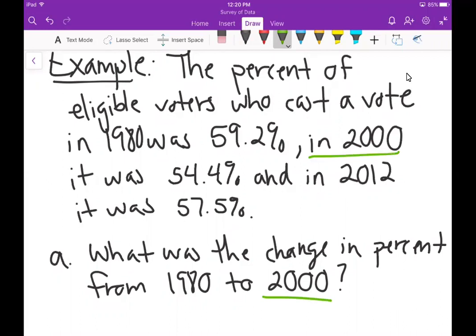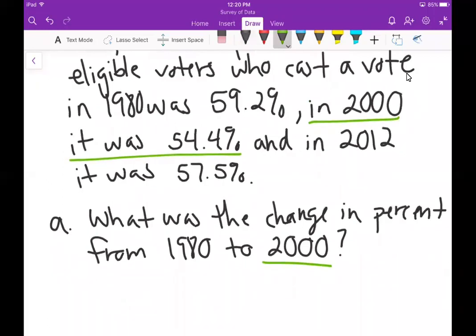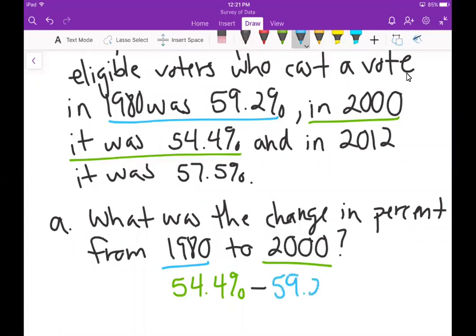In 2000, it was 54.4%. Remember, it's always end minus beginning, so we ended at 54.4%. In 1980, we started at 59.2%. So we're going to subtract that beginning amount, 59.2%.